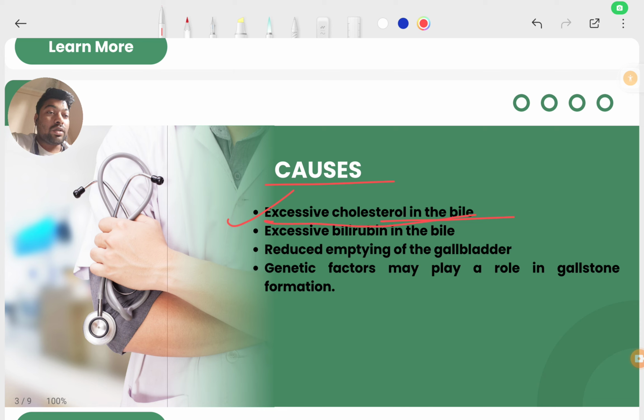So excess cholesterol in the bile, excess bilirubin in the bile, and reduced emptying of the gallbladder. Similarly, genetic factors are also very important for the formation of gallstones.